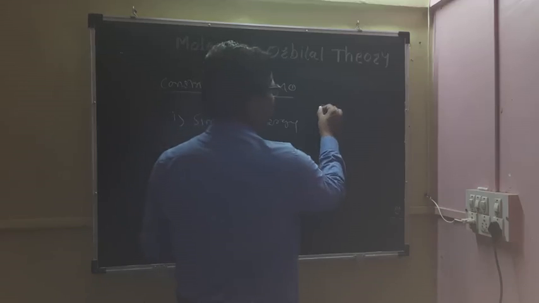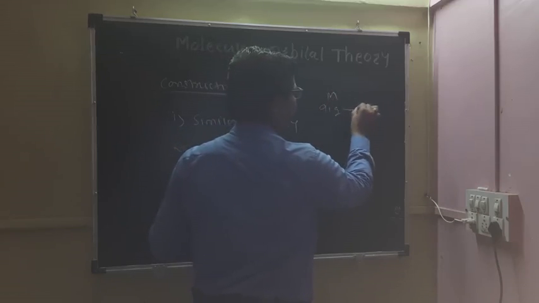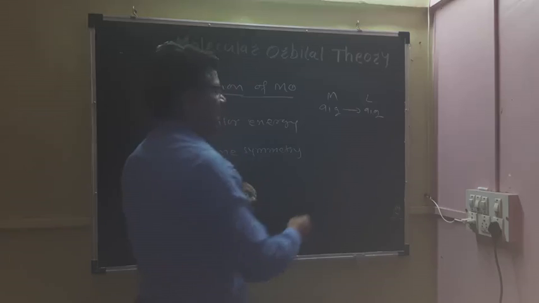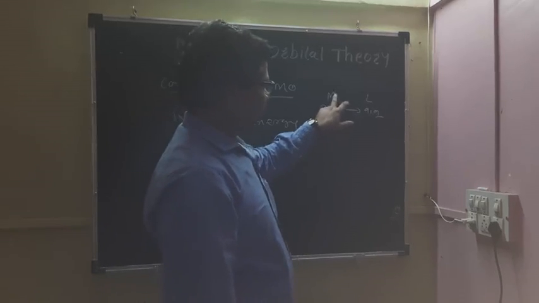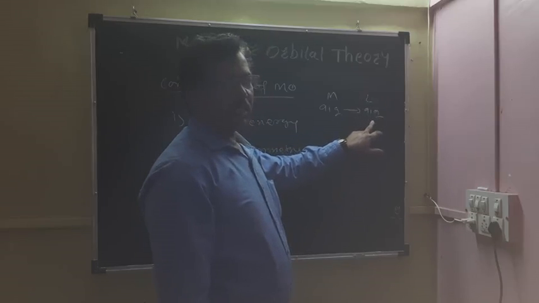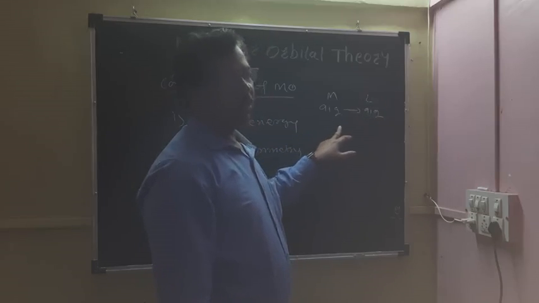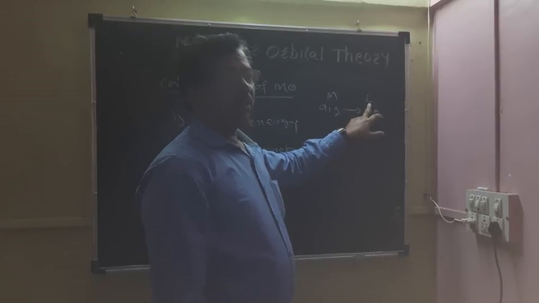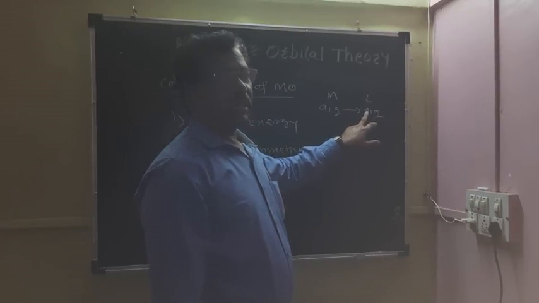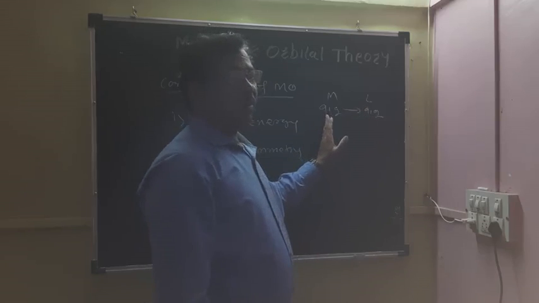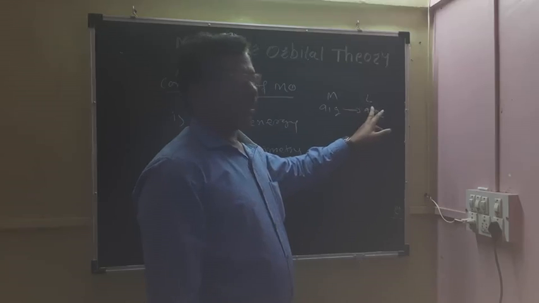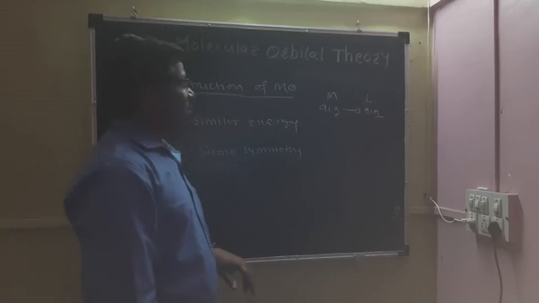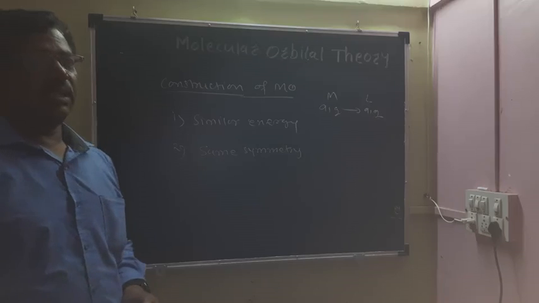For example, a1g orbitals of the metal combine with a1g orbitals of the ligands, that is, they overlap with each other. Similarly, eg orbitals of the metal ion combine with eg orbitals of the ligands. That is the same symmetry of the atomic orbitals of metal and ligands.